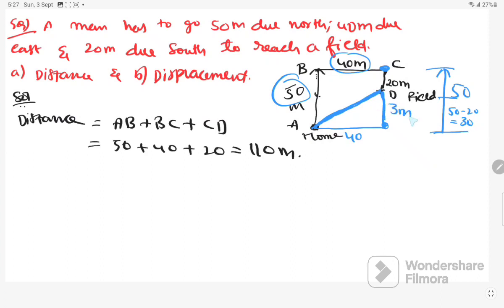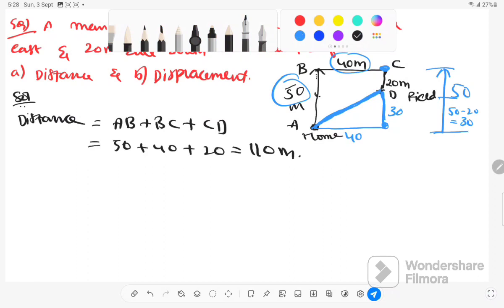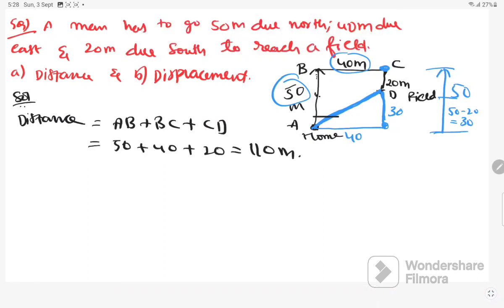So this is 30. Now, if you look very carefully, it's looking like a right angle triangle, isn't it? Then we know whenever we get a right angle triangle, the displacement is the hypotenuse. So to find the displacement in this question, we are going to use the Pythagoras theorem.